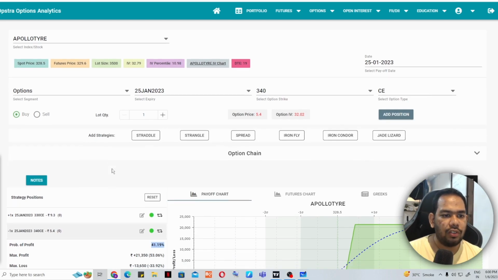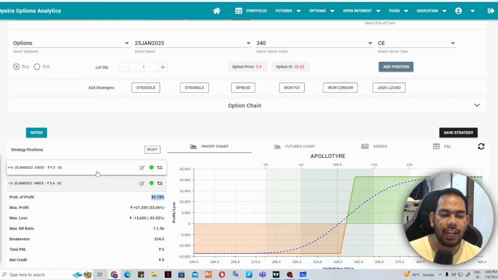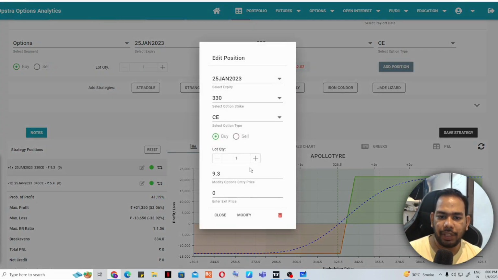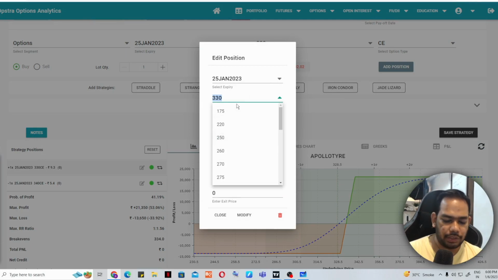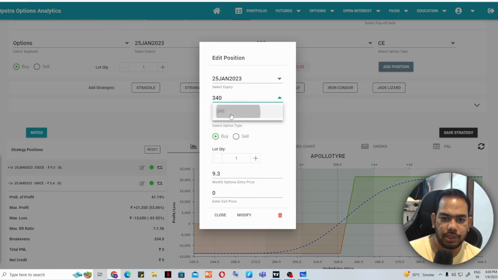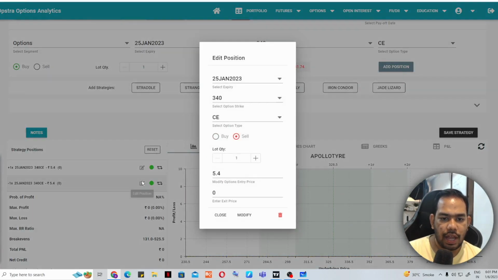Now we will go OTM. Let's try and make this bull call spread on a higher strike. So instead of the 330 call option, let me select the 340 call option. Okay, we'll buy this and let us sell the 350 call option.